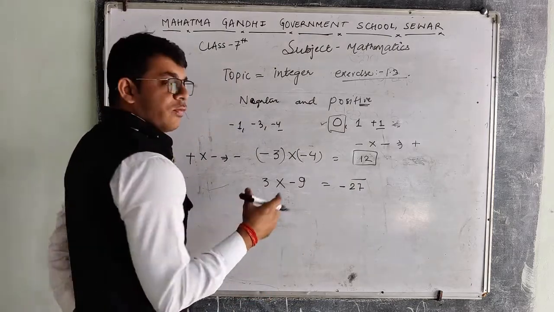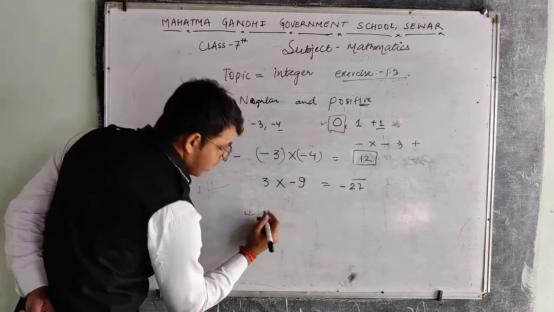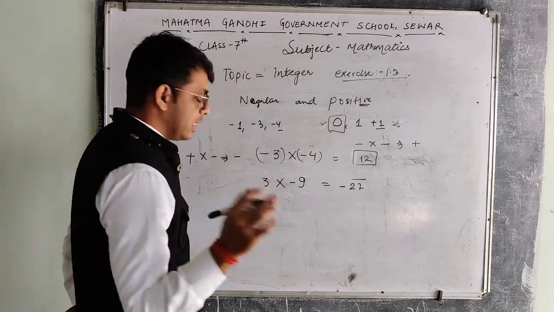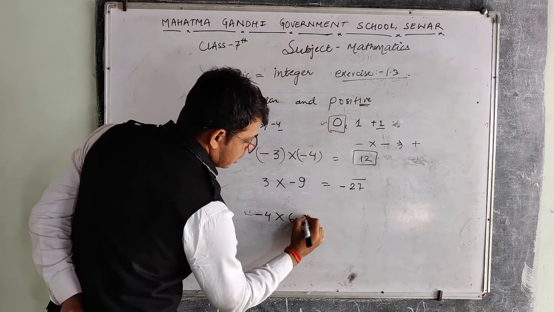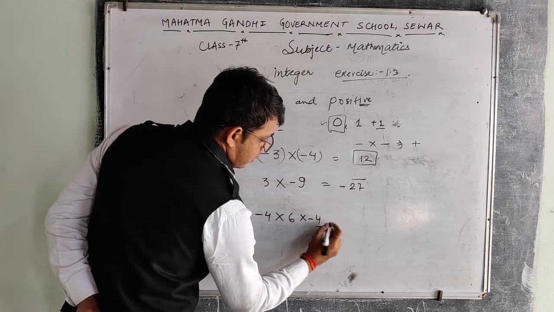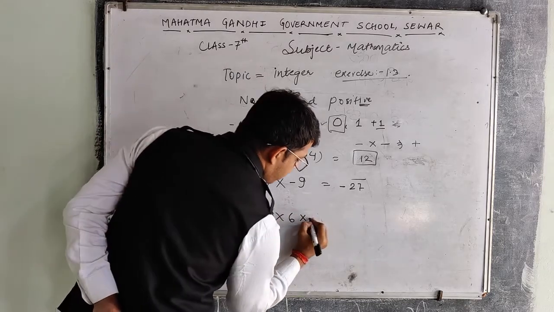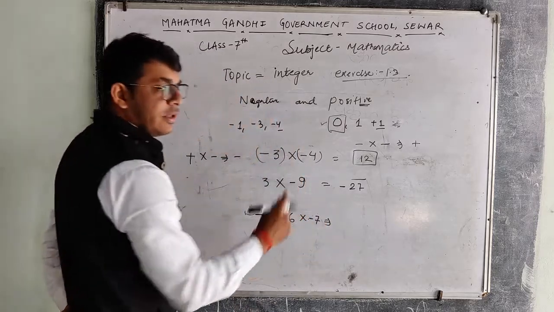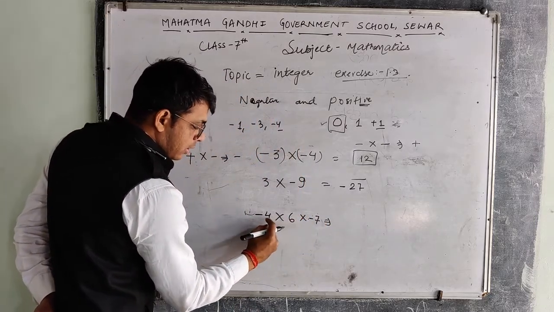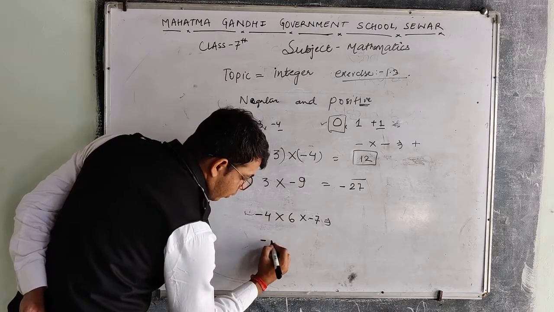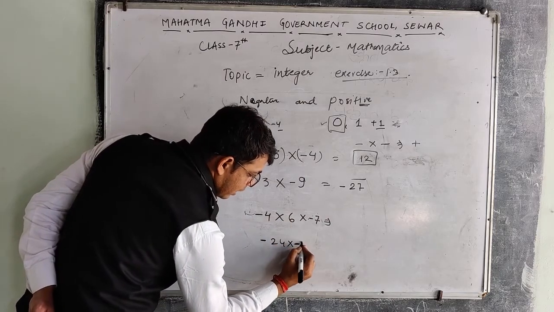Now we go further. If we multiply three integers of different signs, like the first integer is minus 4 into 6 into minus 7, what will be the result? First we will multiply the first two integers. The result is minus 24 into minus 7.